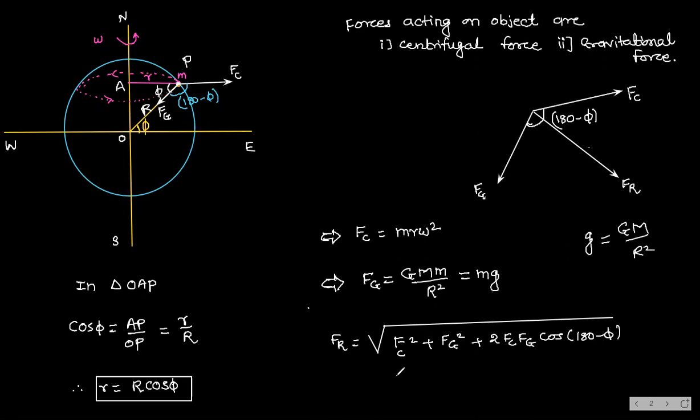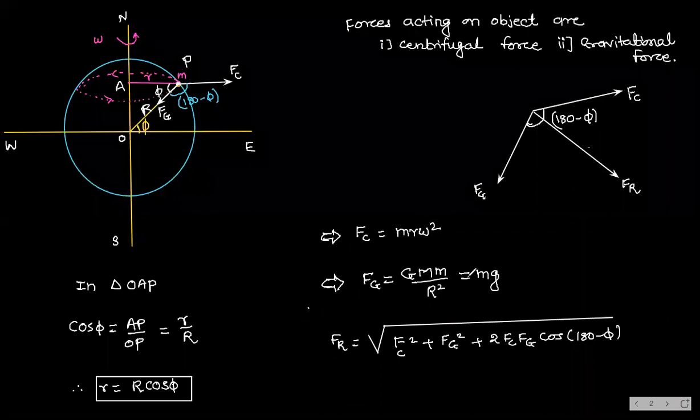Yes or no? That's why we got Fg equal to m into g. Now shall I substitute in this formula? Till here you wrote. Shall I go to the next page?